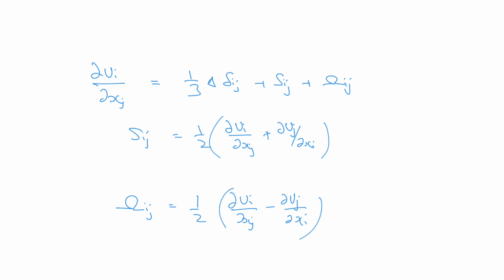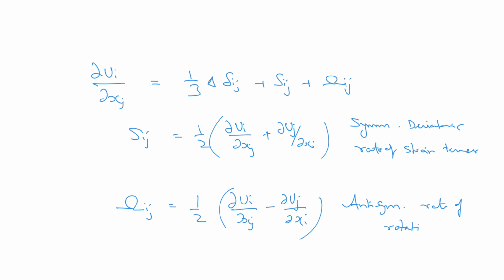So the meaning of this is Sij is the symmetric deviatoric rate of strain tensor. This Ωij is the antisymmetric rate of rotation tensor. So if you see this, the velocity gradient has multiple components.